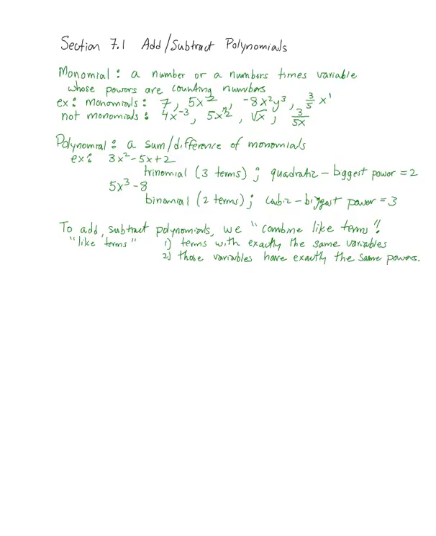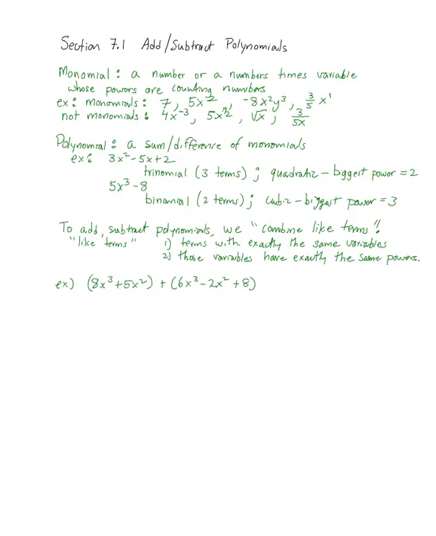All right, so I'm going to give you a couple polynomials here, and we're going to add them. 8x cubed plus 5x squared plus 6x cubed minus 2x squared plus 8. All right, well, here's what I see.